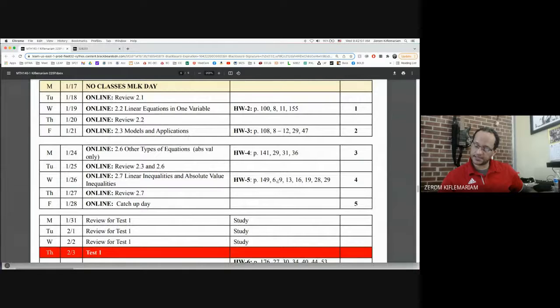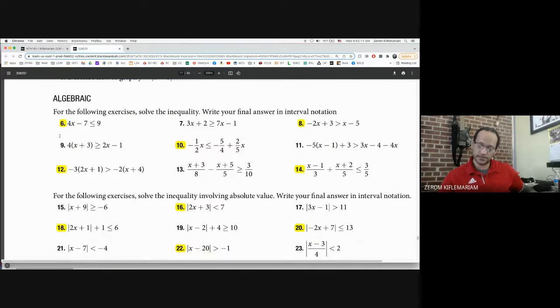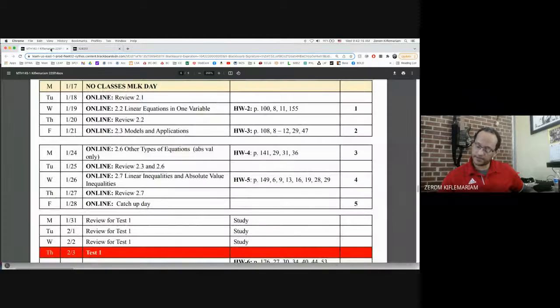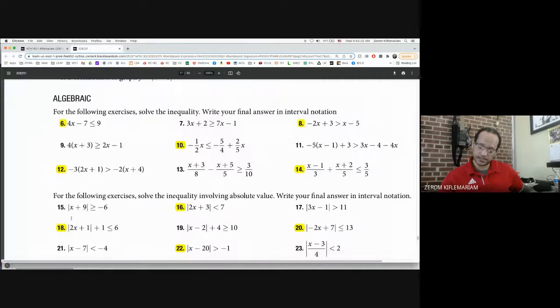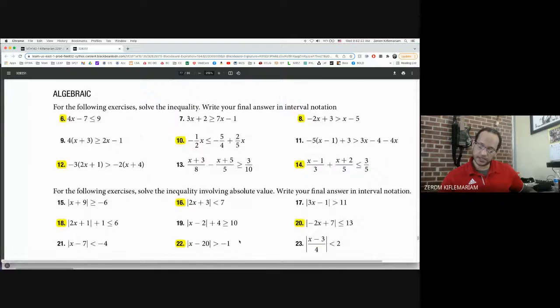It says 6, 9, 13. And after that, what do we have? 16, 19, 28.